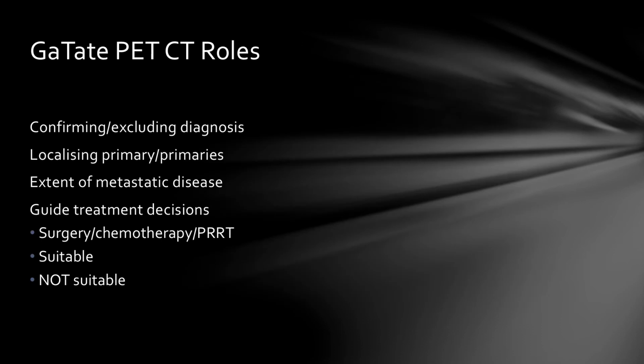As mentioned earlier, the localization of primary disease and the definition of the extent of metastatic disease helps guide both prognosis and treatment decisions. PET-CT in particular helps us to decide which patients are suitable and which are not suitable for different treatment pathways. For example, here's a patient with widespread metastatic disease, and the important fact here is that the metastatic disease is strongly GAT8 avid.